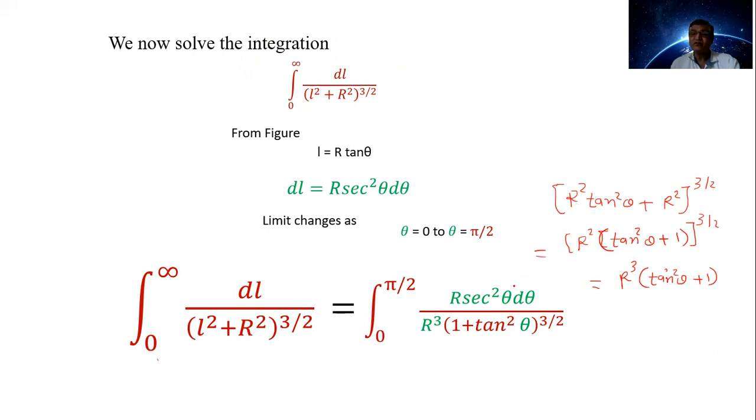Sec square theta means 1 upon cos square theta. Tan square theta can be written as sin square theta upon cos square theta. By following these terms, we get directly this as 1 upon r square integral of cos square theta raised to 3 by 2 sec square theta d theta upon [sin square theta plus cos square theta] bracket raised to 3 by 2.